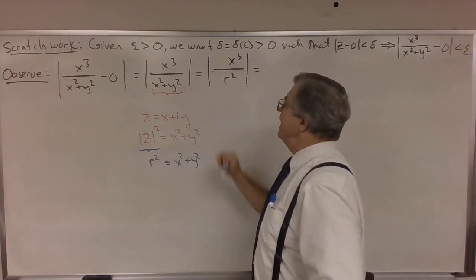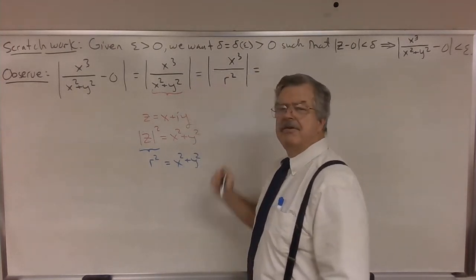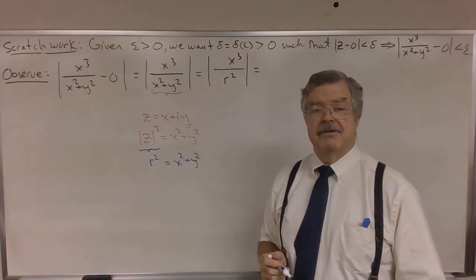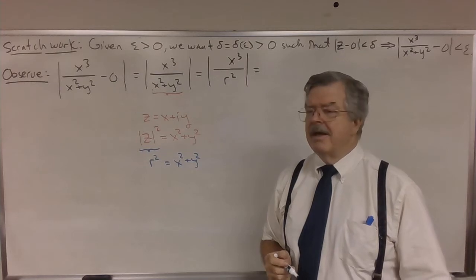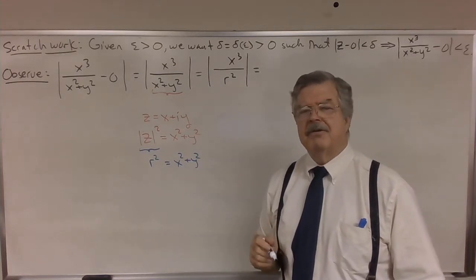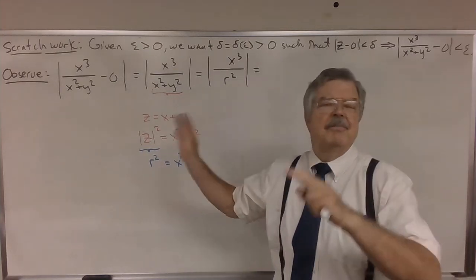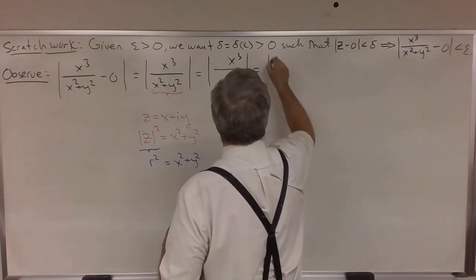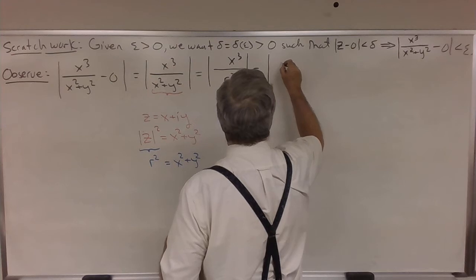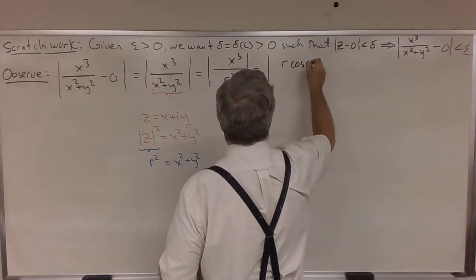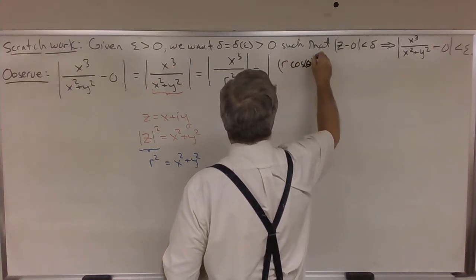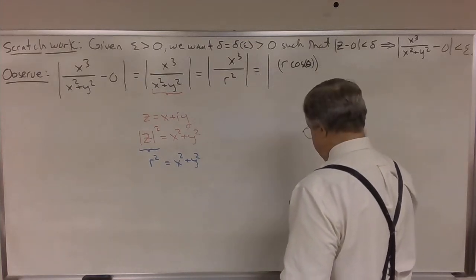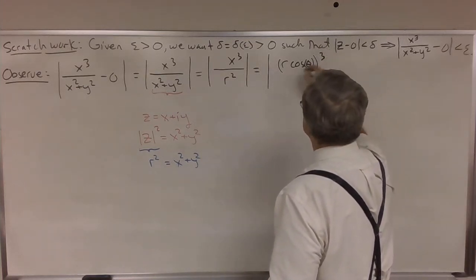And since I have the denominator written in terms of r, maybe I should write the numerator in terms of r also. If it turns out not to be a good idea, I can always go back and change what I've done. So x is r cosine theta. So x cubed is r cosine theta cubed.